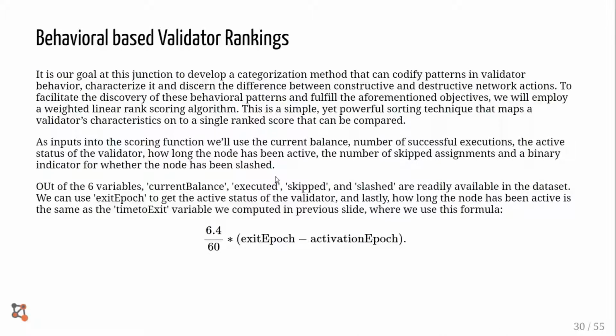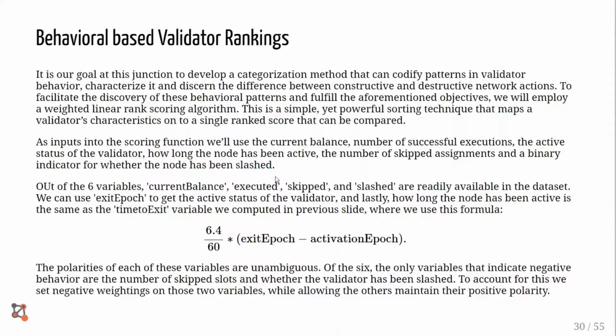As input, we will use current balance, number of successful executions, the active status of the validator, how long the node has been active, the number of skipped assignments, and an indicator for whether the node has been slashed. And we have most of these ready in the dataset, and it's easy to get the others.